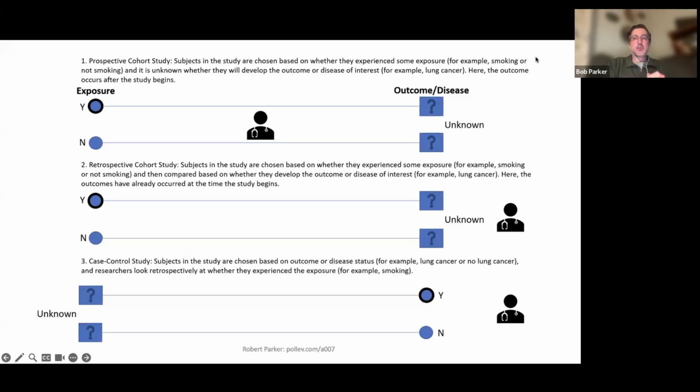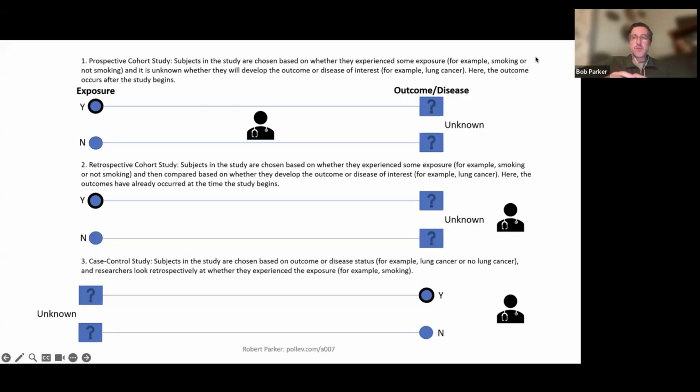Okay. So why would we choose a prospective cohort study versus a case control study? And when would we do that? If the outcome is rare, then how many patients would we need to follow prospectively to see whether or not that outcome occurred?